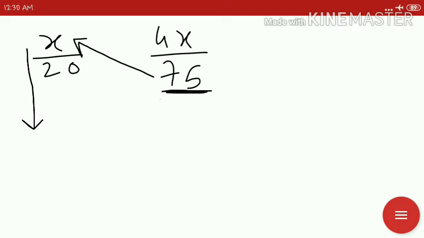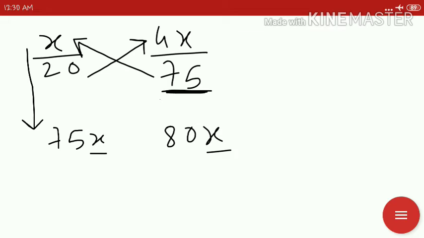The product should be right below the first fraction. It will give 75x. Now we multiply 20 with 4x, that will give 80x. Now ignore x and compare the numerical values: 80 is larger than 75. So the second fraction is larger.